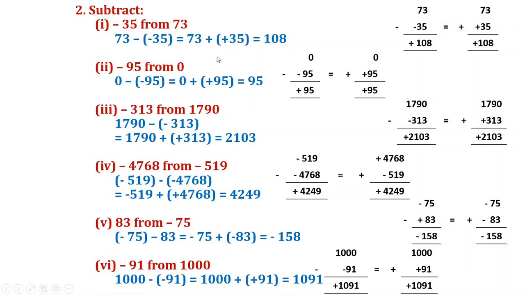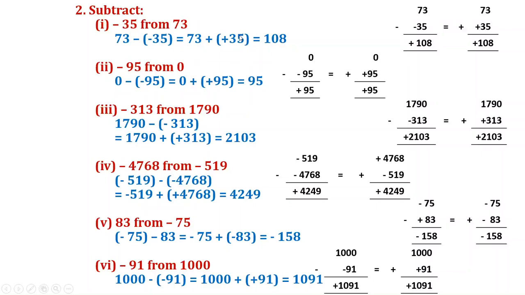Now you are adding positive numbers only, so it's very simple. 73 plus 35, see here on the right side, is plus 108. So the answer is 108. So remember that any subtraction, first you have to convert into addition by taking the additive inverse of the second number.